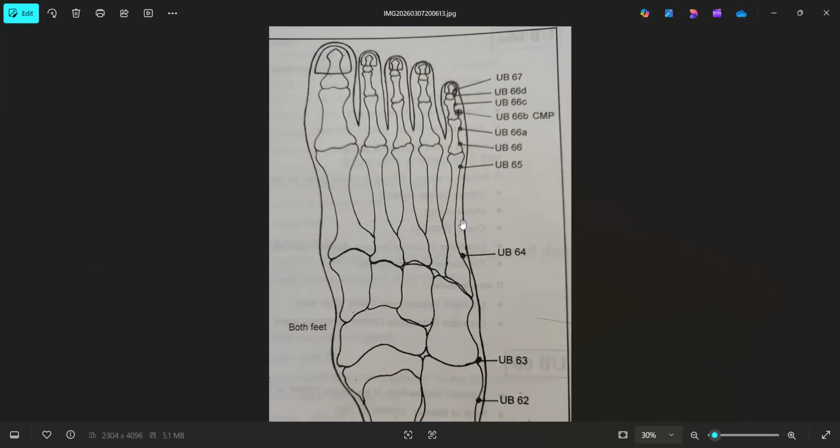And one of them is for pregnant women having a breech position of the child in the womb. There what we do is we do moxibustion at UB67.